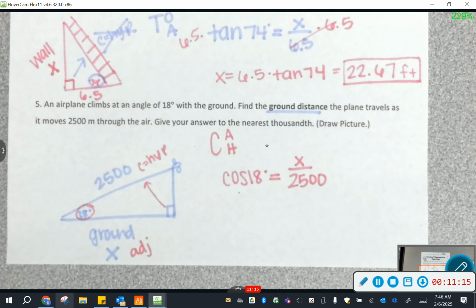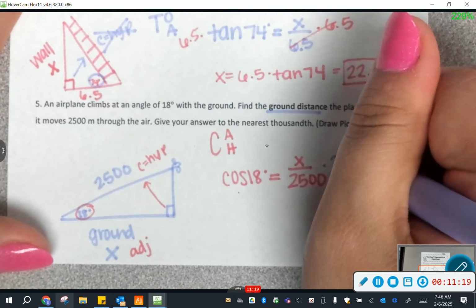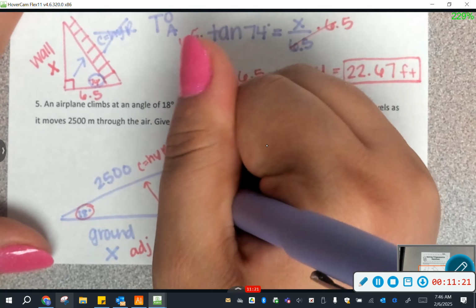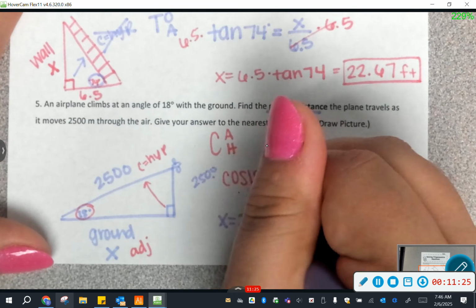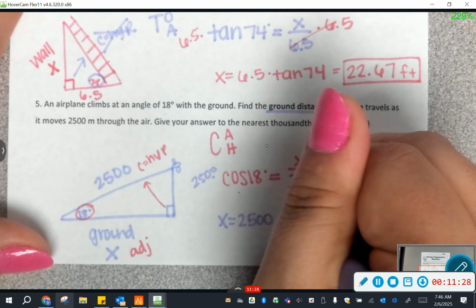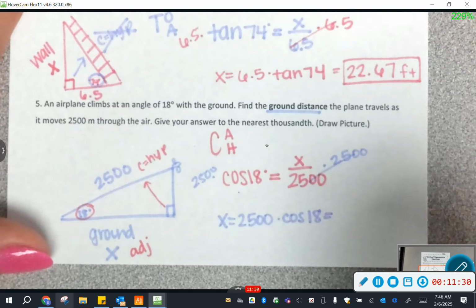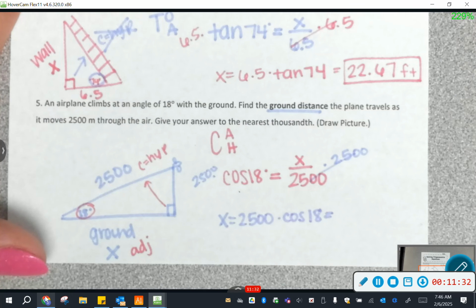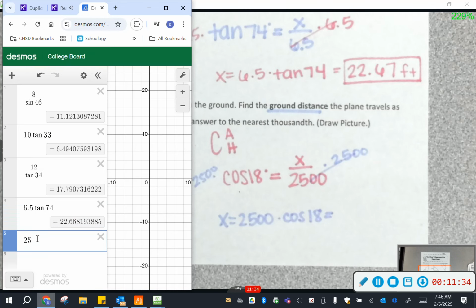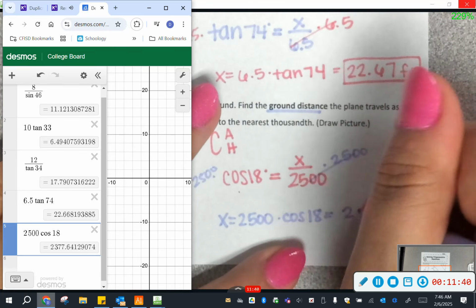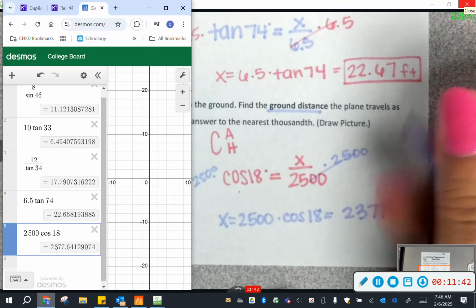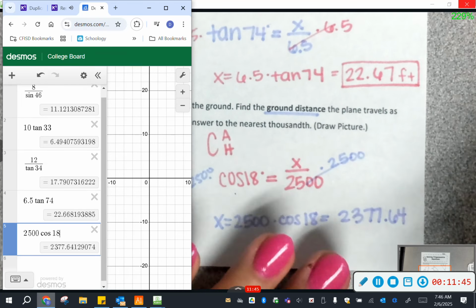And when X is on top, what do I do? I multiply. Which is going to give me 2,377.64. What are we talking about here?